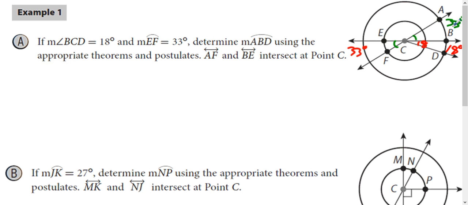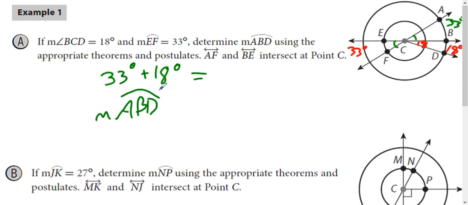So AB is 33 degrees, BD is 18 degrees. Add those to get the measure of arc ABD. Here they use 3 letters for a minor arc. That's okay. It's just for clarification. You add those together and you get 51 degrees.